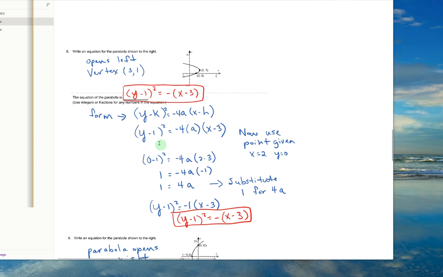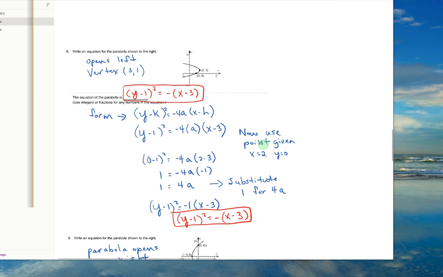Number 8, write an equation for the parabola shown to the right. So we know that this is opening left, so according to our chart, we'll go look at our chart. Here's our vertex at (3, 1), and it opens left. So your form is this one. You go back to that original chart that we talked about when the vertex was not at (0, 0). Now, if we plug in what we have, we've got (y minus 1) squared equals negative 4 times a times (x minus 3).